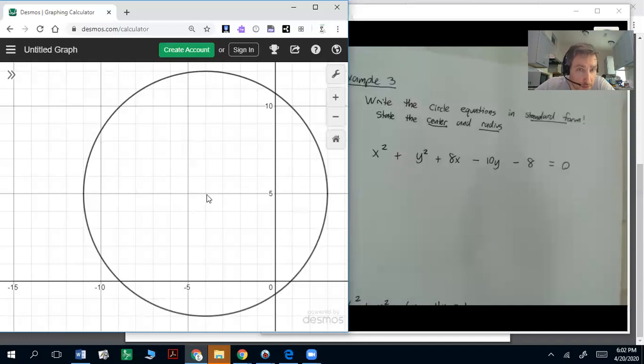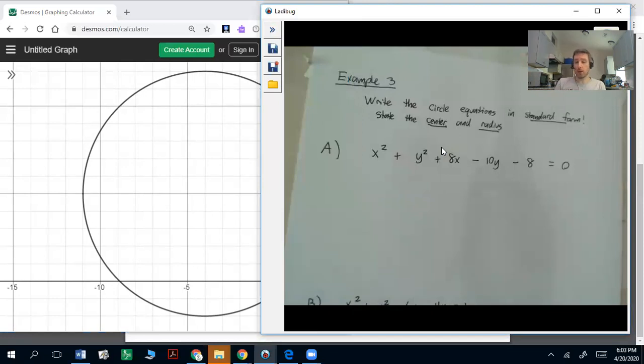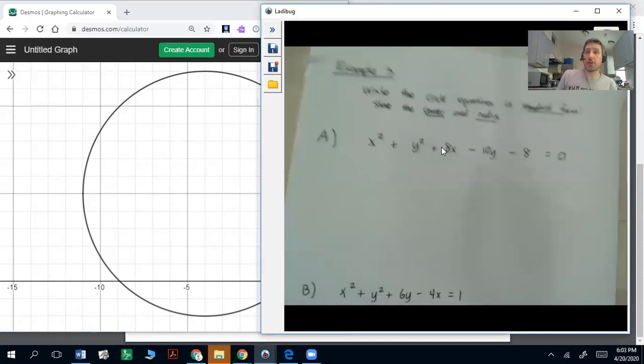And if I did this right, 1, 2, 3, 4, 5, 6, 7 units to the left. It looks like that point where my cursor is the center. And the radius then would be 7. So that coordinate would be -4 and +5. So we can actually estimate that from the graph, provided that those numbers are whole numbers. If they're decimals, then it's going to be a little bit trickier.